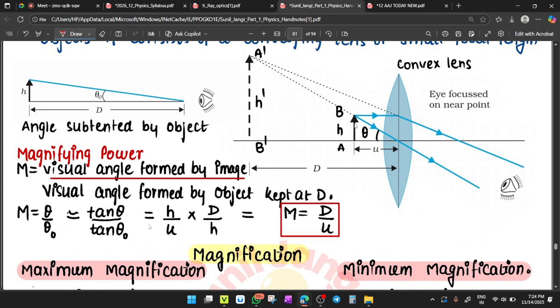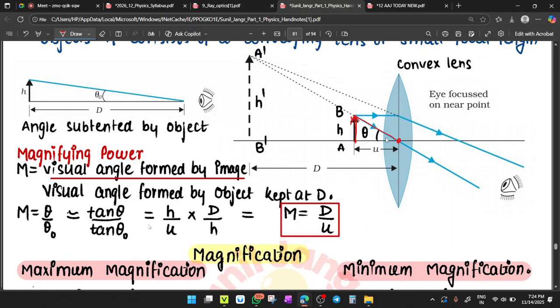In that we have an object. See here, this is the object, and this object makes an angle theta. You have to take the object between focal length and pole, sorry, optical center.